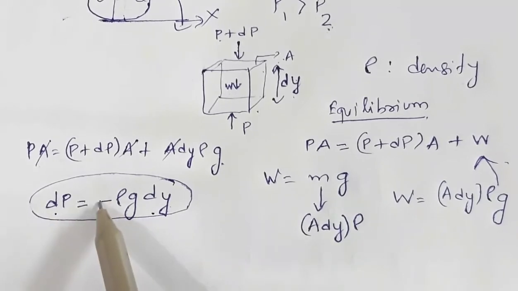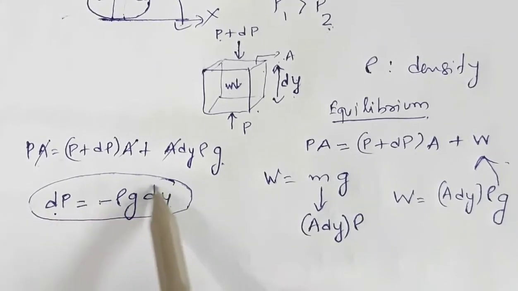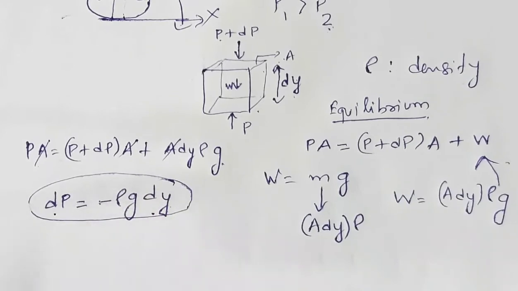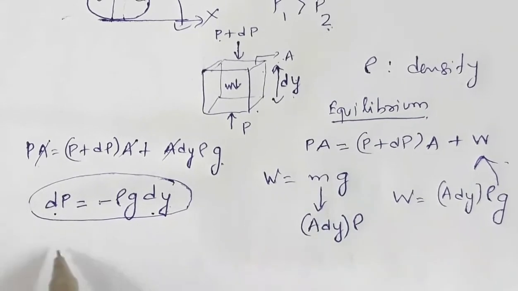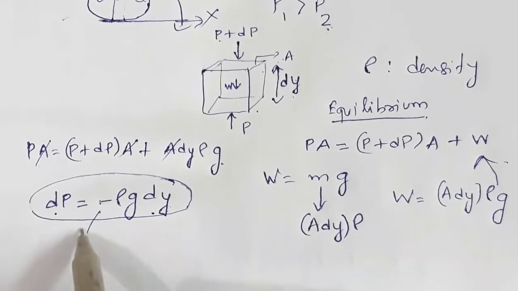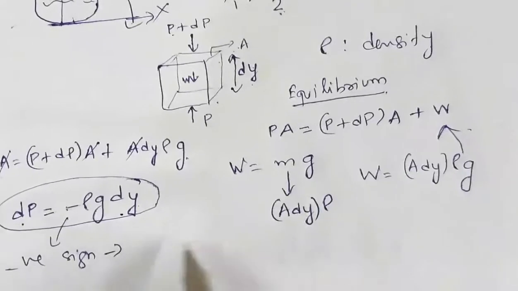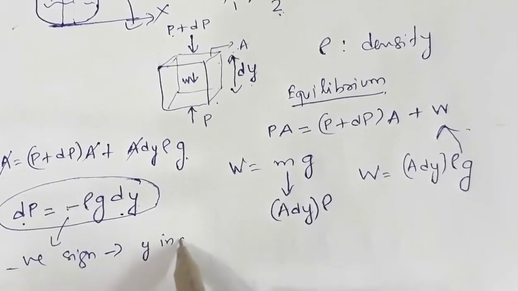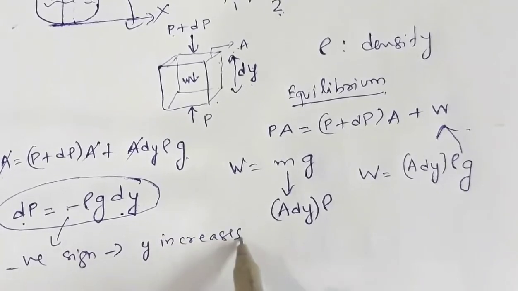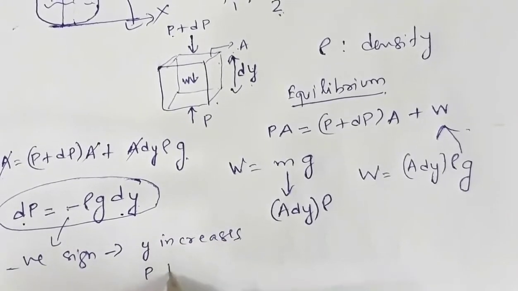Why? Because there is a minus sign. This negative sign shows that as y increases, P decreases.